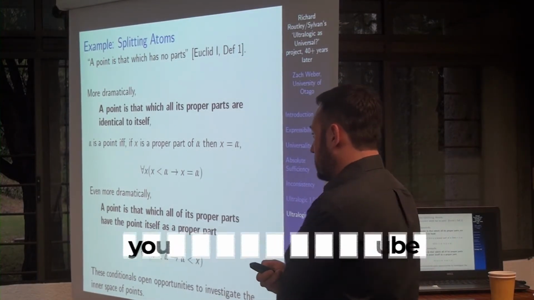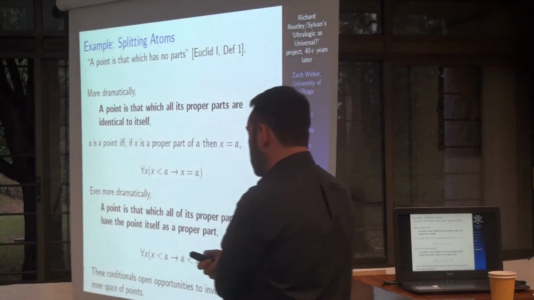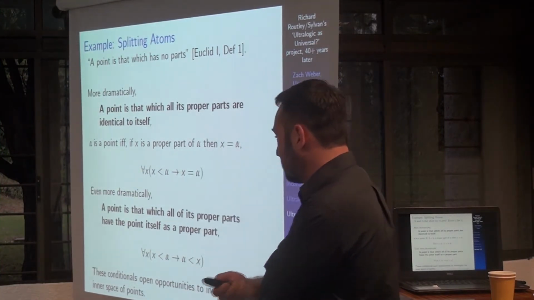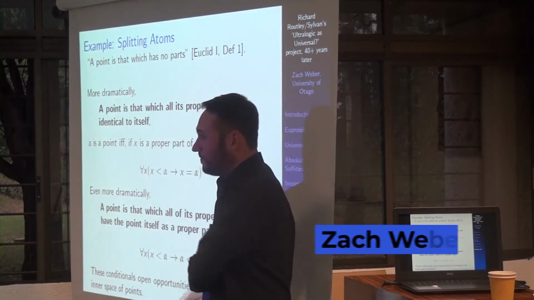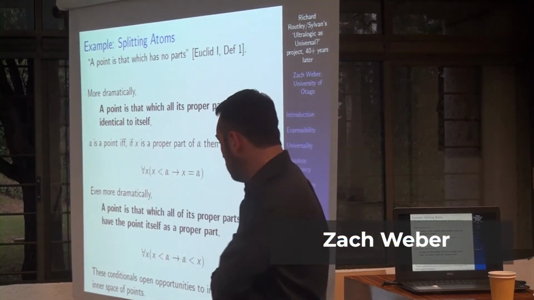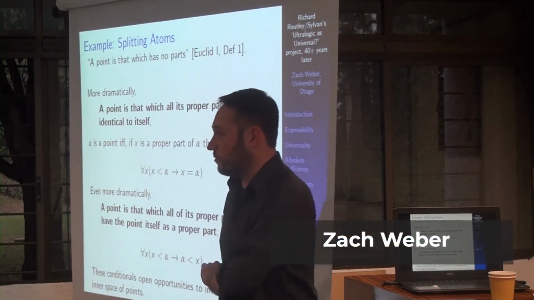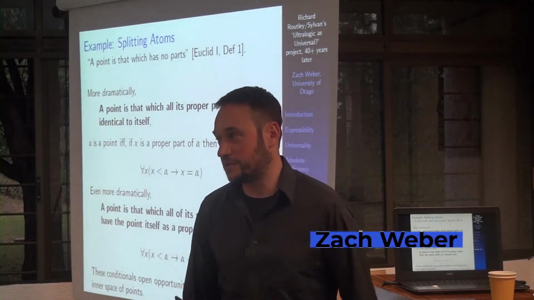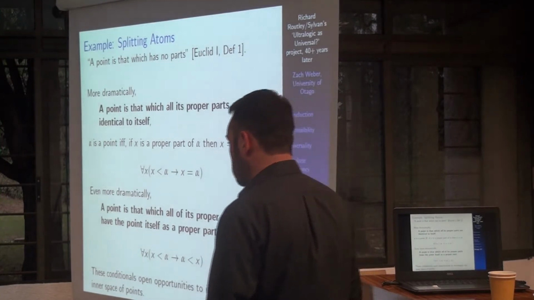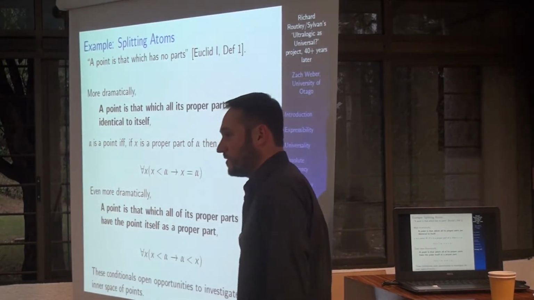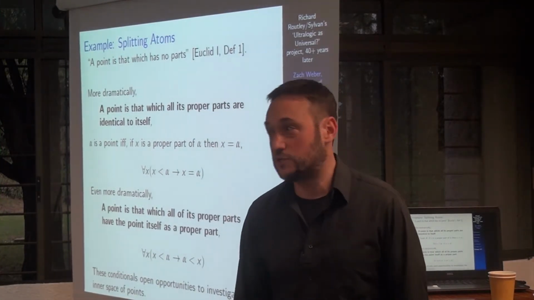Or even more dramatically, a point is that which all of its proper parts have the point itself as a proper part. So any proper part of alpha has alpha as a proper part of it, which, if you had anti-symmetry of the ordering relation, would still give you back the classical definition. It's classically equivalent to the classical thing, but this would be totally different if you were investigating it. That would have all sorts of interesting structure.